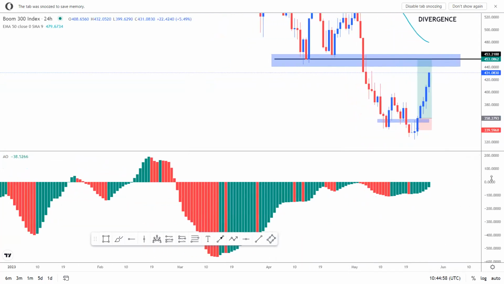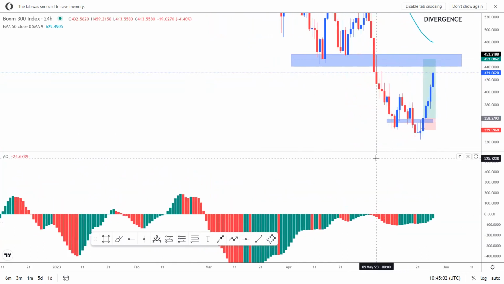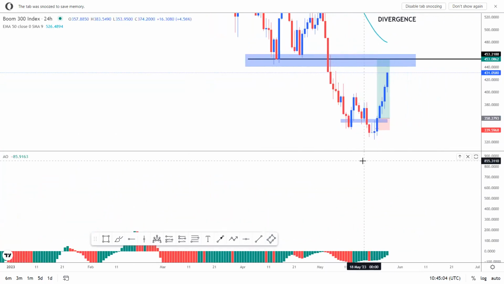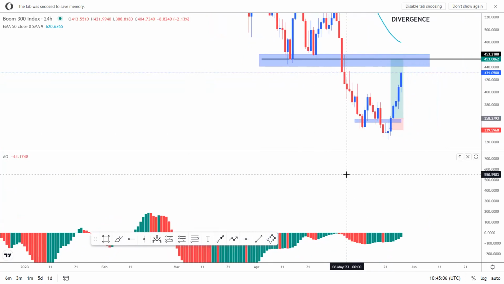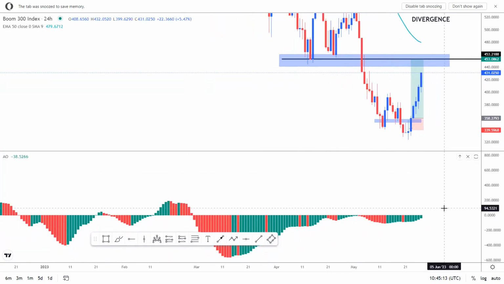And now this is what I mean by price moving in the opposite direction to the indicator.